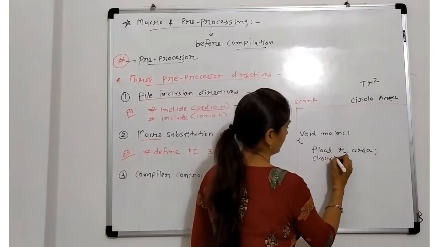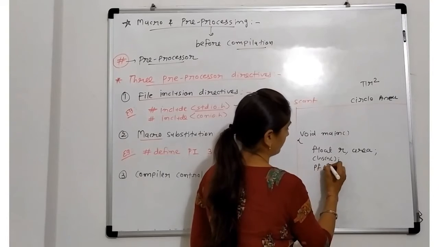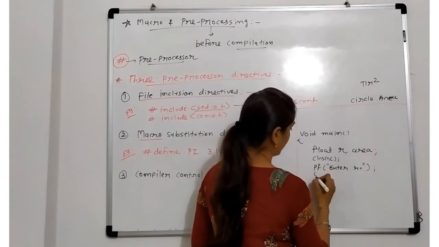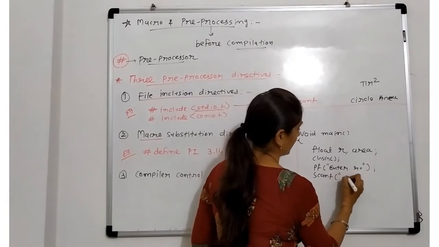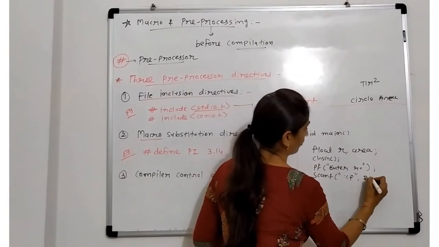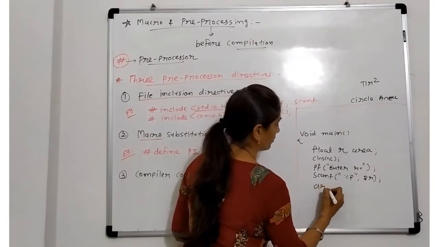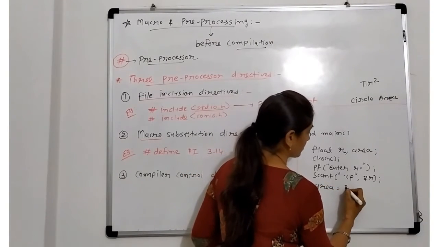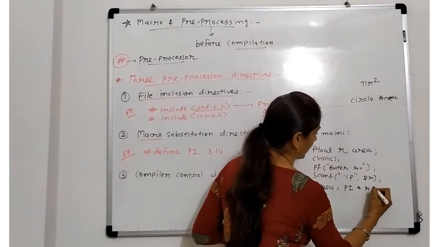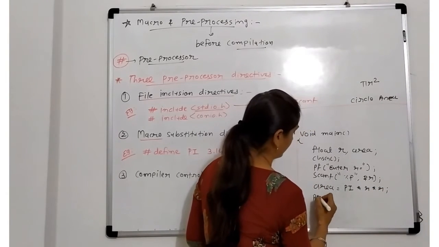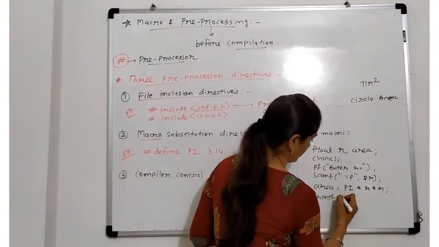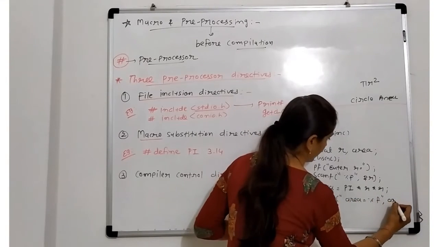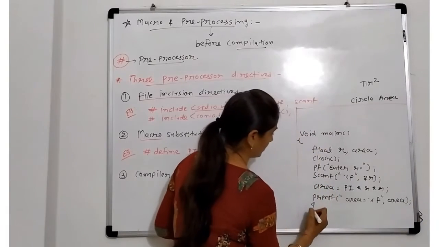Clrscr. Then printf enter r, scanf %f, &r. Now the formula area equals pi into r into r, and then printf area equals %f and the value of area, getch.